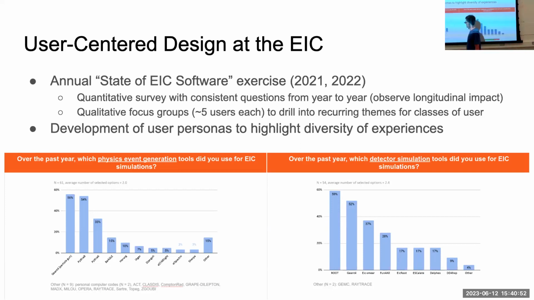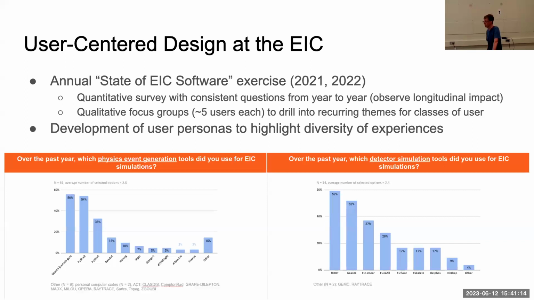What are physics event generators? It depends a little bit on what time you ask this question, not what time of day, but in a time when there's more focus on detector studies, it was more Geant4. Once we get to more studies of physics processes, we end up seeing PCN and DIS event generators.